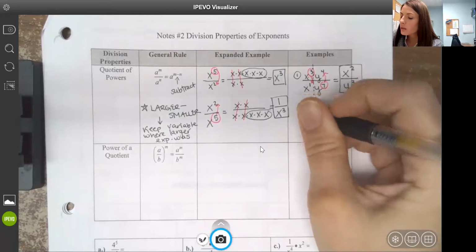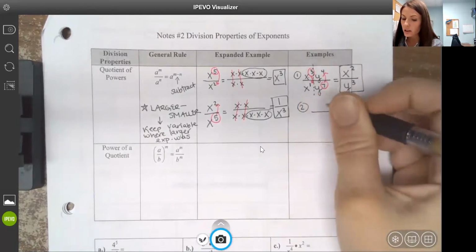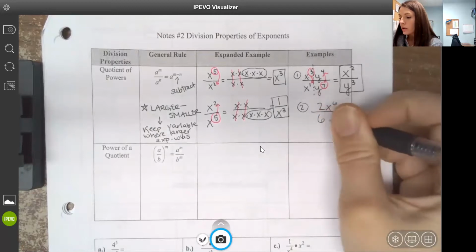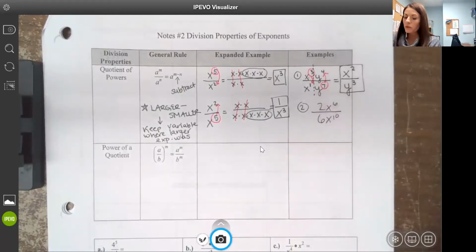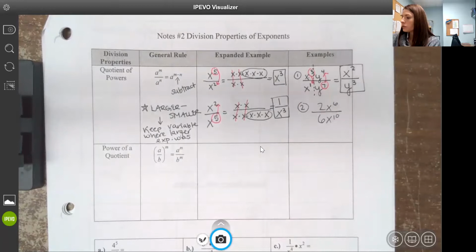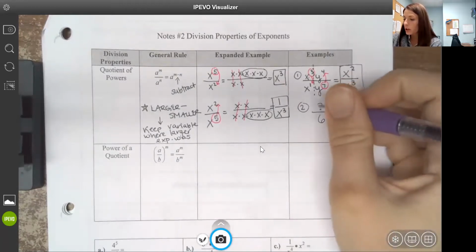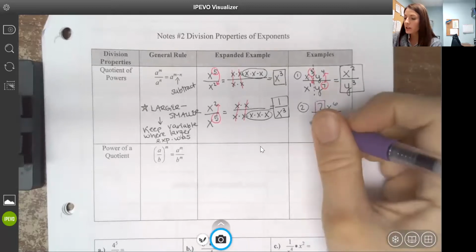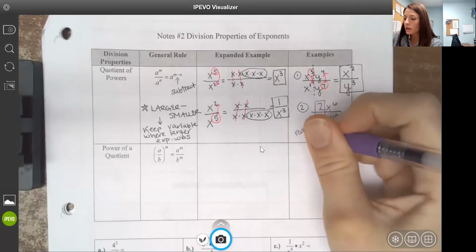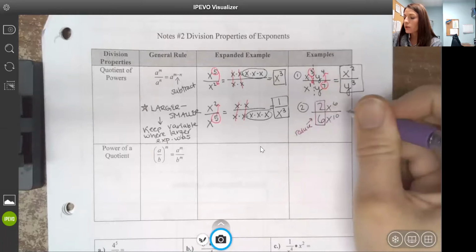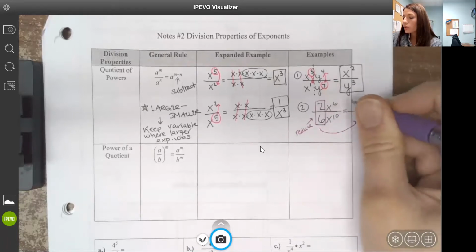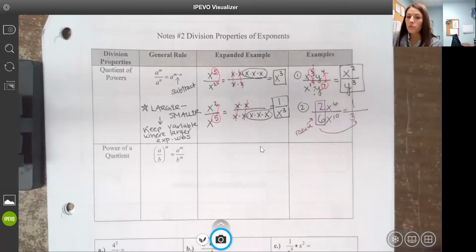I also want to talk about our coefficients again. So let's say I have 2x to the 6th over 6x to the 10th. Just like when we're looking at multiplication properties, these integers are still going to operate the way integers always have. So all we're going to do here is reduce that fraction, or say that 2/6 reduces to 1/3.